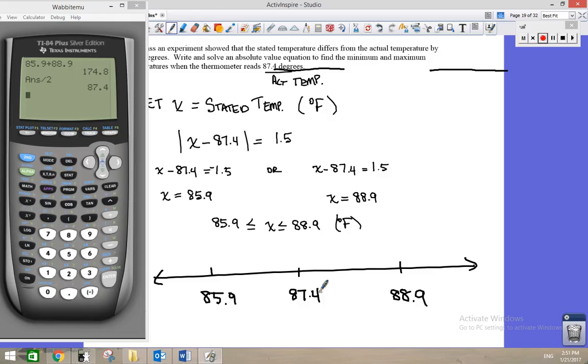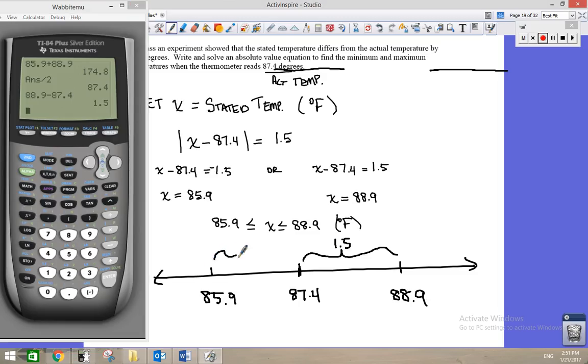Okay, so in this case, that was the actual temperature, which when we state what our guess is of the actual temperature, we might be a little bit high. So I believe this difference is going to be 1.5. If I take 88.9 minus 87.4, oops, 1.5.